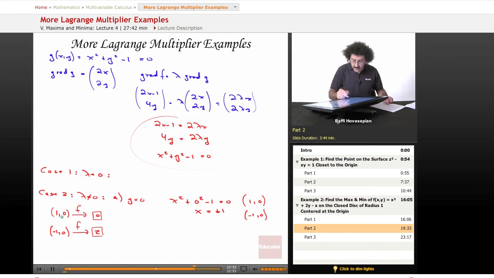These are the values, and I also had that other point, (1/2, 0), that I found from just working on the interior of the disk, and the value was, I think, negative 1/4 or something like that. So that's the case where lambda does not equal 0 and y does equal 0. Now we want to consider the other case where y doesn't equal 0.